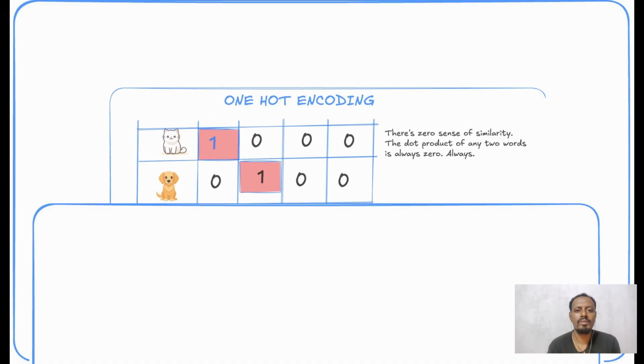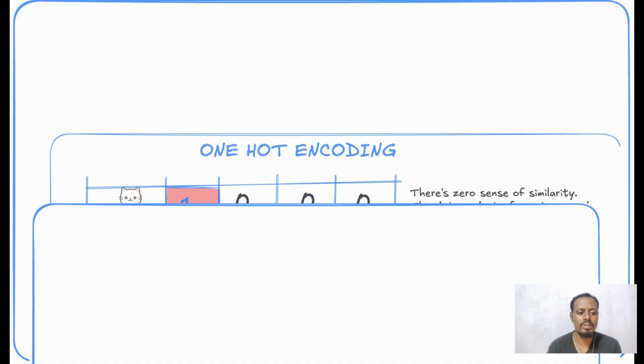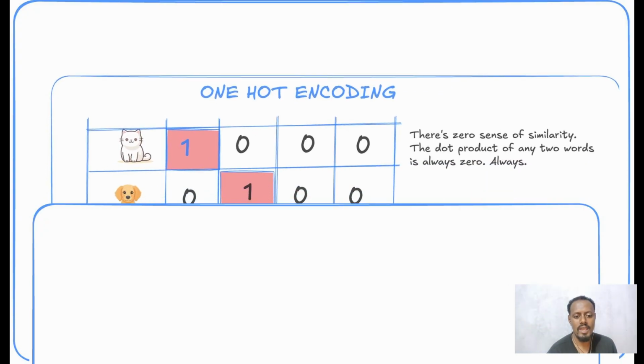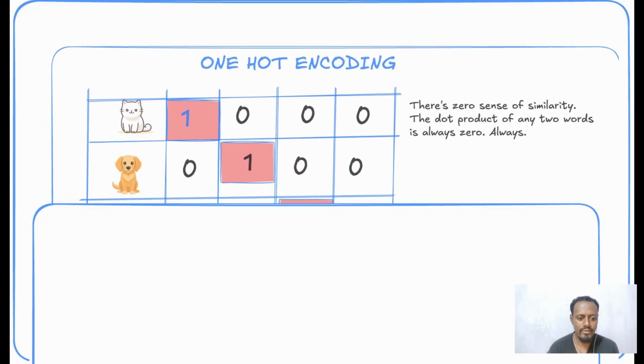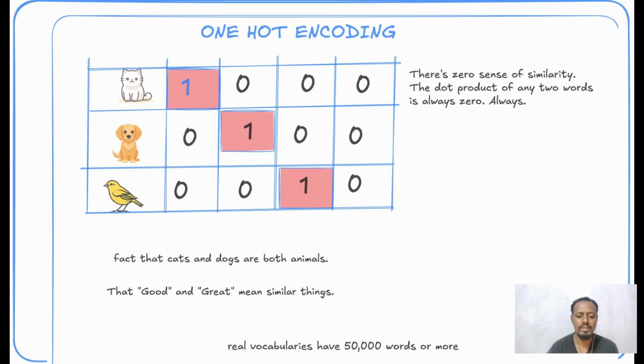The first real attempt was one-hot encoding, and the idea was to fix that false ranking problem. Here is how it works. Say your vocabulary has 5 words: cat, dog, bird, fish, and lion. Instead of giving each word a single number, you give each word a vector, a list of values, all zeros except for one position, which is 1.